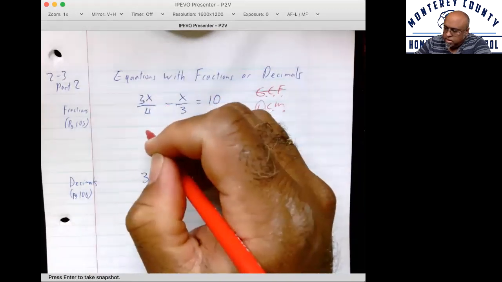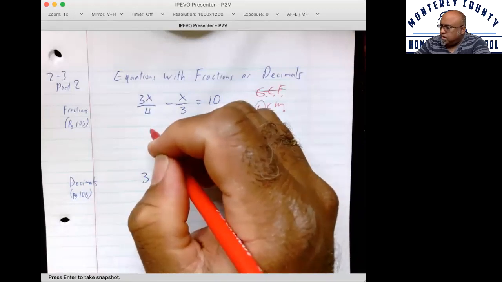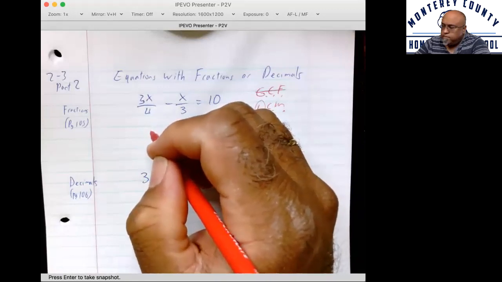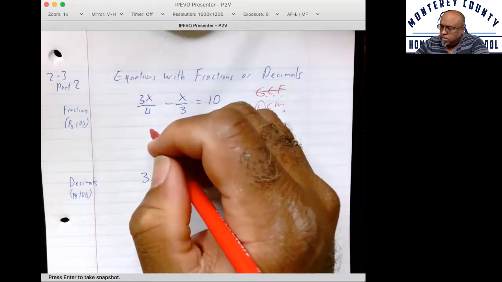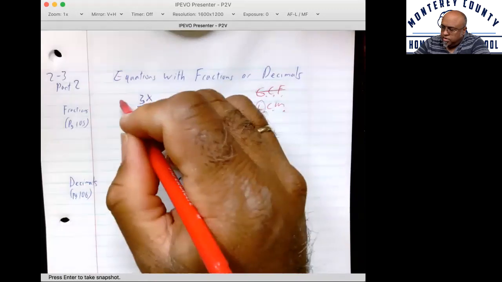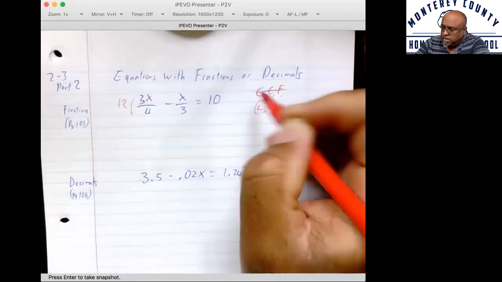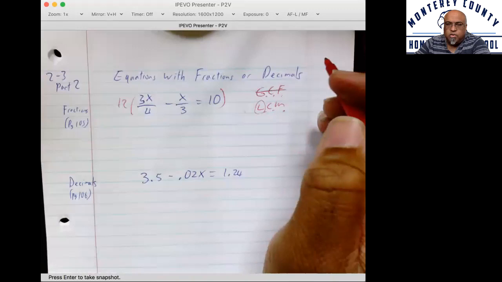So what you want to do is you simply want to multiply the entire equation by 12.